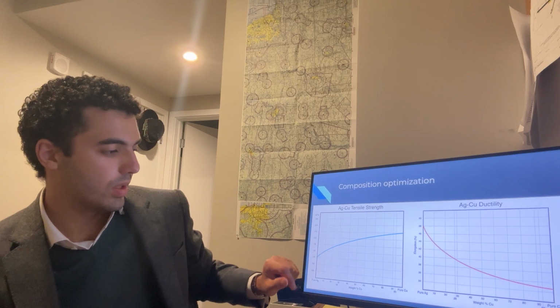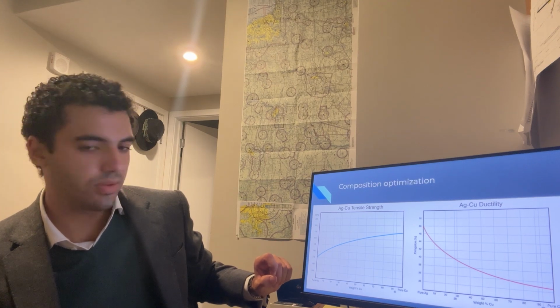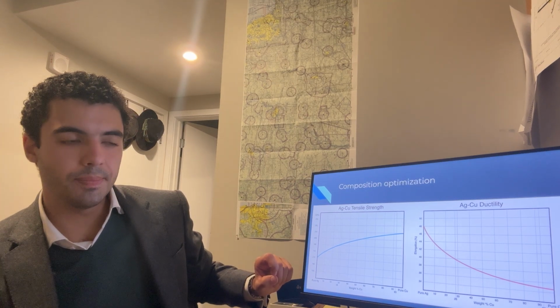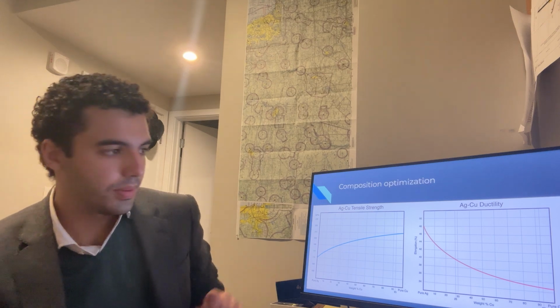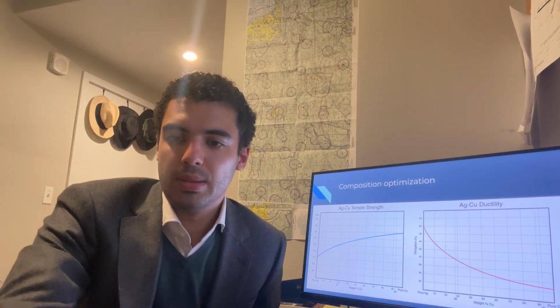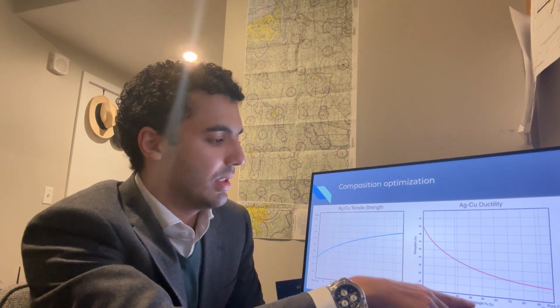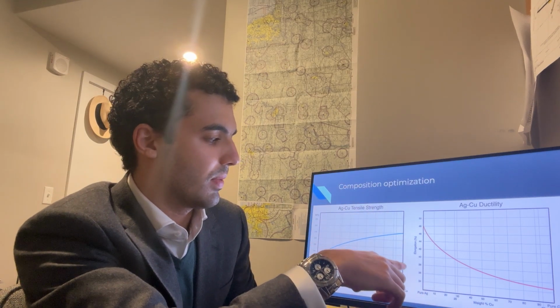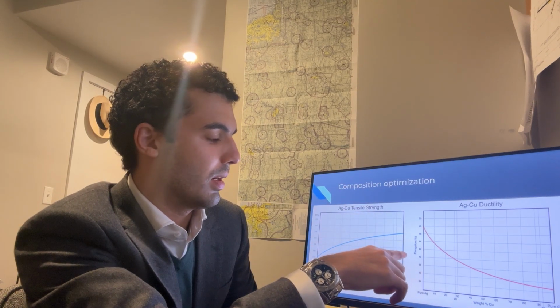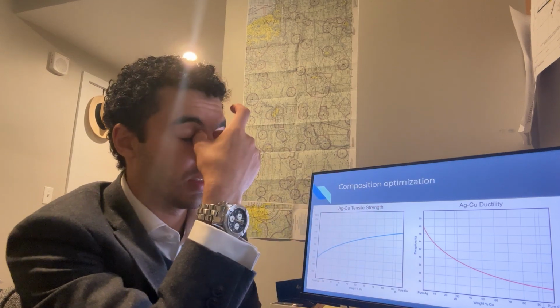You would just, you're at 0. That's the y-intercept. And then to maintain ductility, as you can see here, it's elongation versus weight percent.